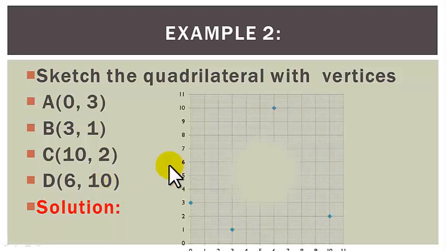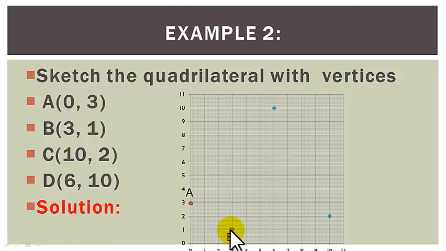Draw a rectangular coordinate plane as shown here. Then locate the point A at this point. This is the point A with coordinate (0, 3). The point B is located here with coordinate (3, 1).